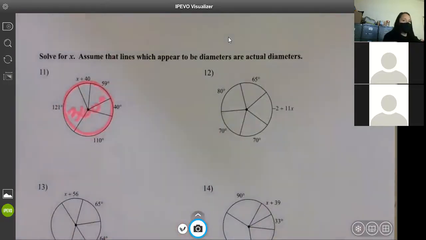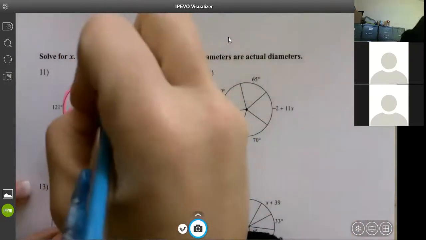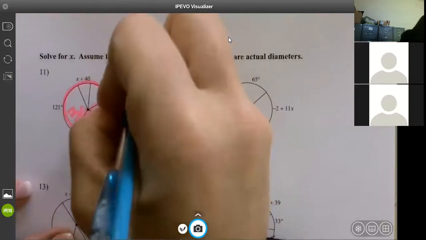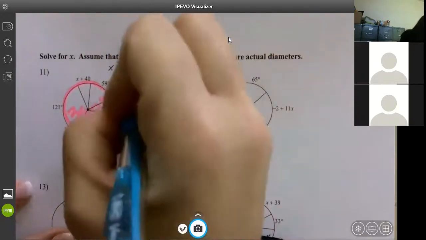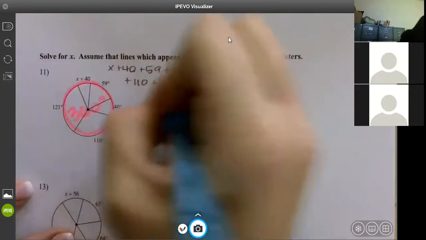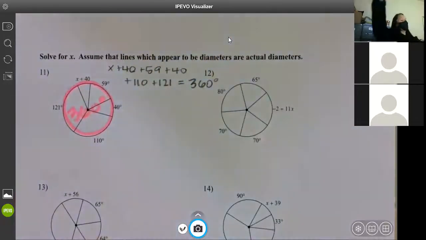Okay, so don't forget that, 360 degrees. So here's what we're going to do. X plus 40, and you don't have to write this out every time, plus 59, plus 40, plus 110, plus 121 is going to give you the 360. So we're going to add that full circle up.